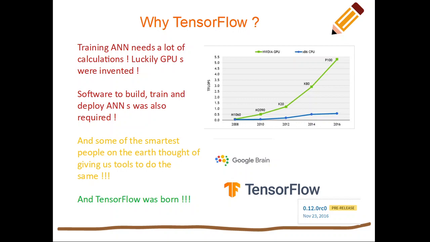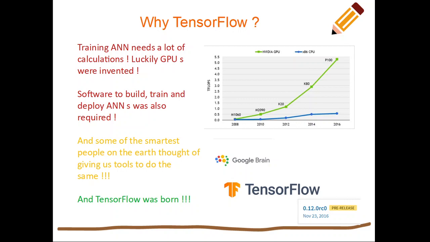And one more thing is all these processes of training and deployment and prediction had to be spread across multiple GPUs on a single server, or even GPUs on multiple servers. So some kind of software was definitely required to do all these different things.